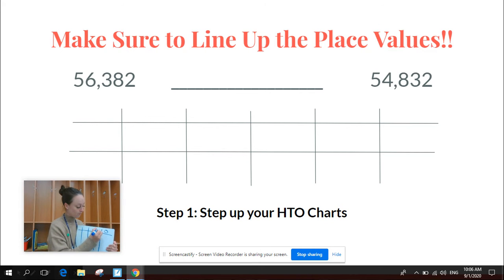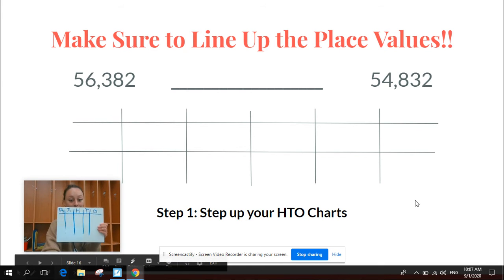Then I go to my 10s, I go to my 100s, my HTO. But I see in this problem, it's not just hundreds. I have to go to my thousands, and in this one, I go all the way to my 10,000s. So now step 1, just set up your chart.